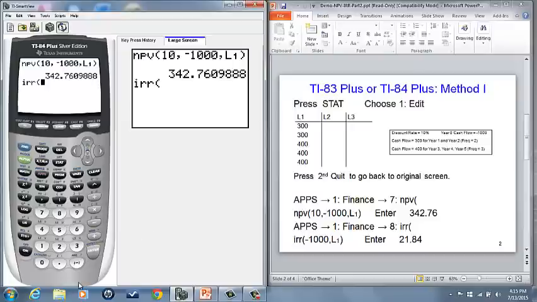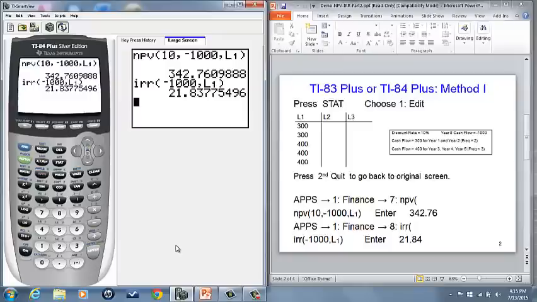The first number is CF0, negative 1,000, comma. The second number is L1, so press 2nd 1, then the right parenthesis, and then enter. It will show us the IRR equal to 21.84%, rounded to 2 decimal places.